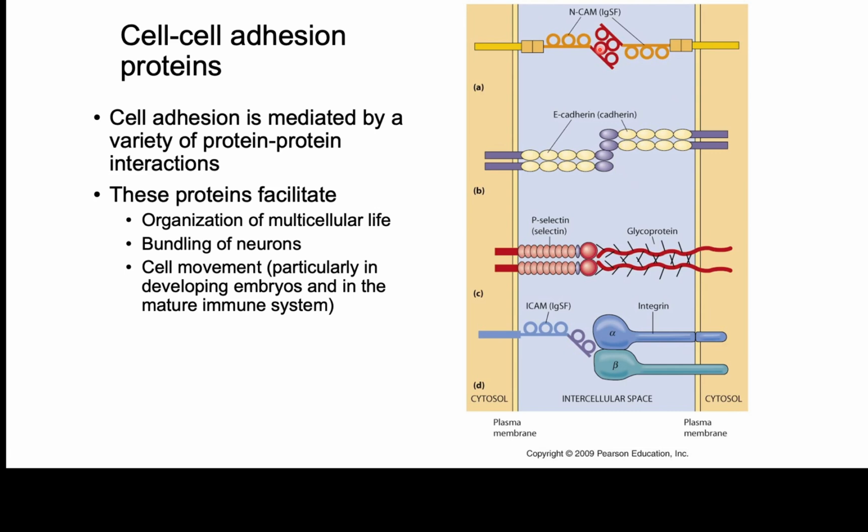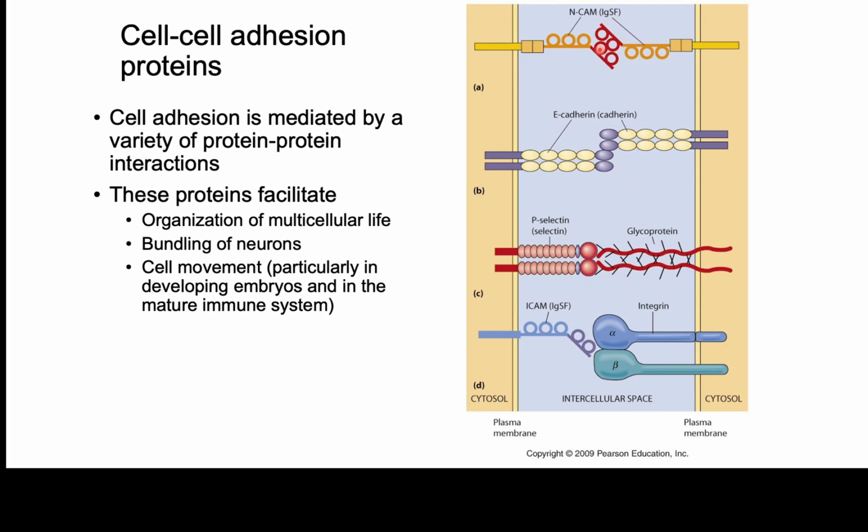We'll talk about those in a few minutes. These are two examples of things that are the same that are recognizing each other. There's also different kinds of interactions where selectin molecules can recognize some kind of glycoprotein on another cell. So we have some recognition events going on between different sets of molecules.